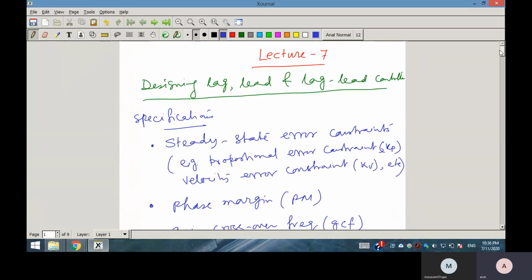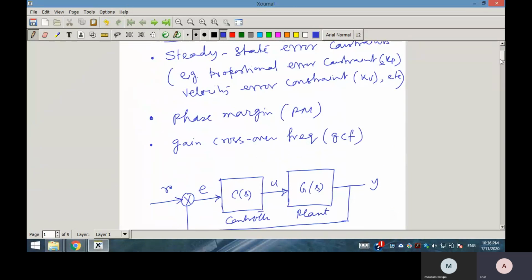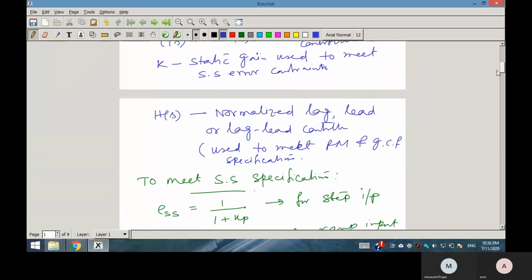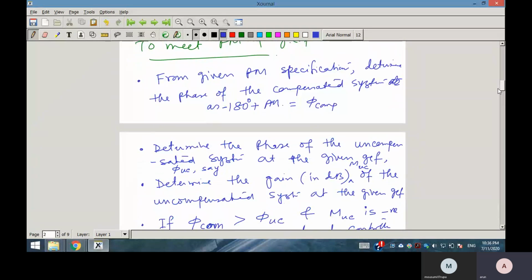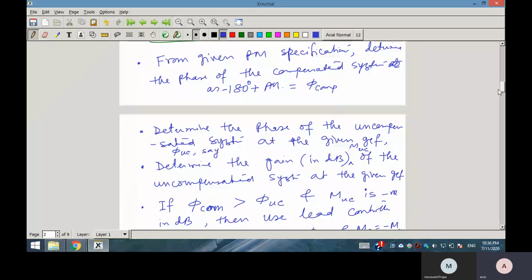I will just see overall if there is any error. Minor errors may be there, major errors will not be there. Just for example, this would be minus 180 degree. This kind of minor error may be there. So if I find later on also, I will let you know. If you find when you go through it, then also please let me know.